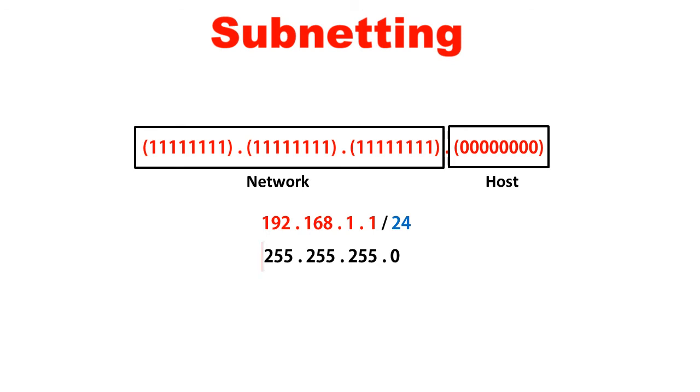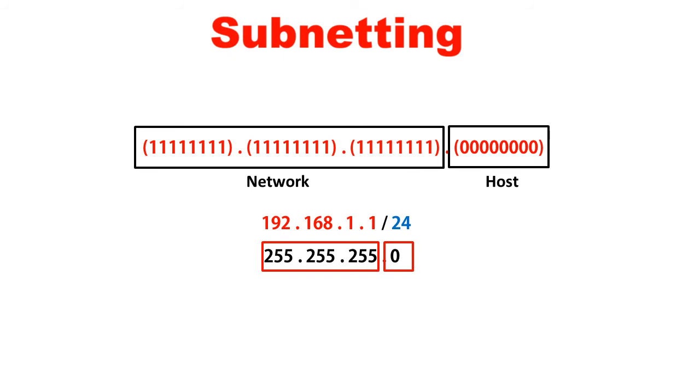The first three octets belong to the network place and the last octet belongs to the host place. So if we convert the decimal number into binary, then the figure will look something like this: 8 ones dot 8 ones dot another 8 ones dot all 8 zeros at the last octet.